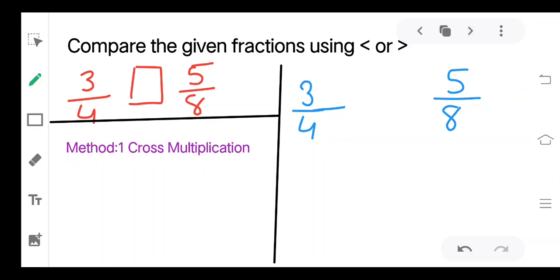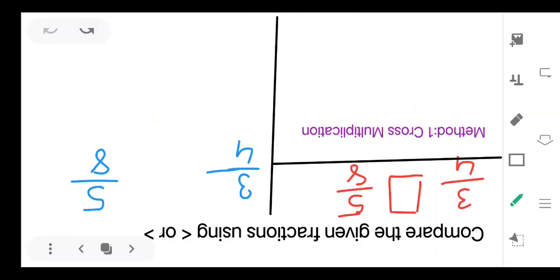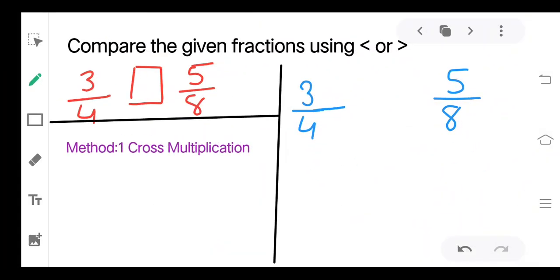Method 1 is cross multiplication, and method 2 is LCM. Now you can see on your screen 3 upon 4 and 5 upon 8. Our first method is cross multiplication.